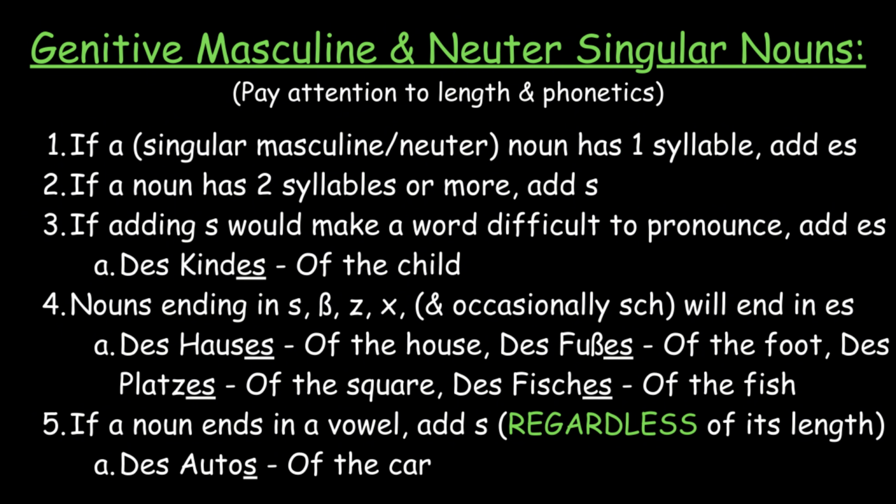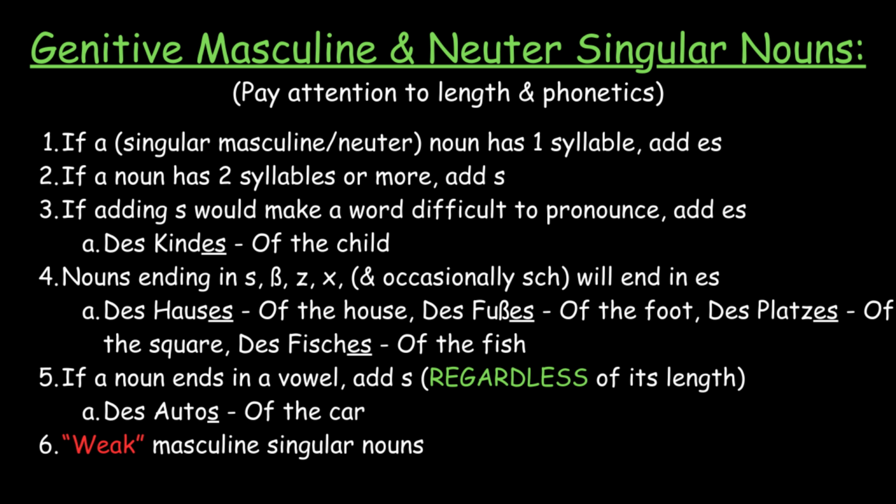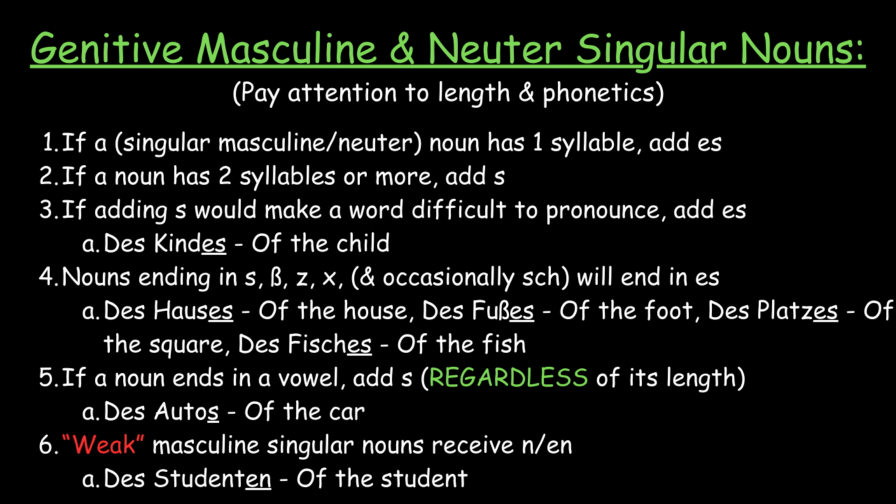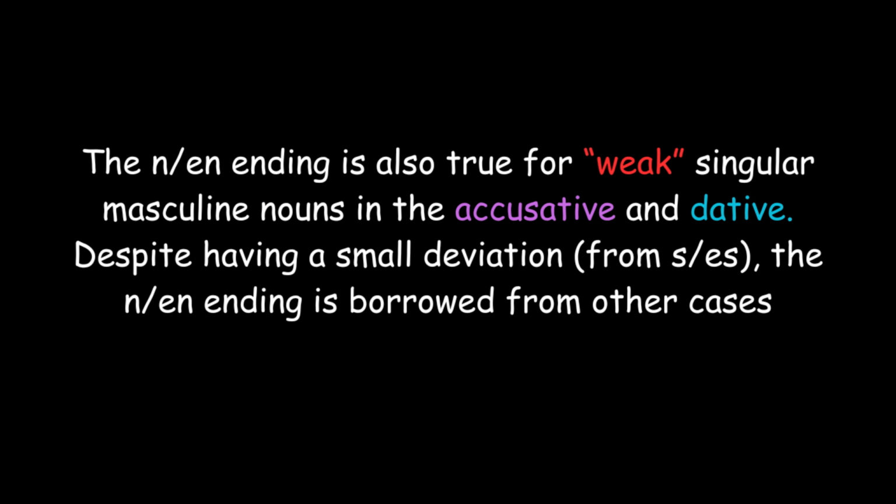Some masculine singular nouns are weak and require an extra letter to sound better. In the genitive, such nouns will not receive s or s. Instead, they will receive n, like des Studenten, of the student. This ending is also true for singular masculine nouns in the accusative and dative.